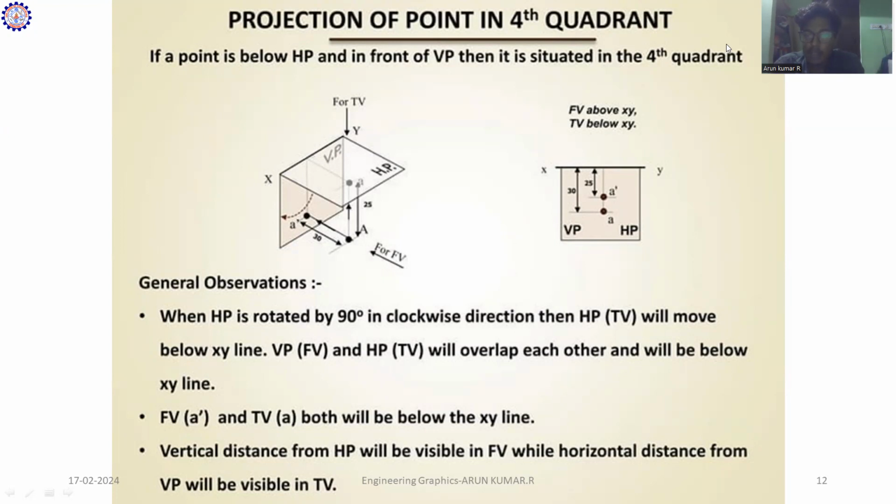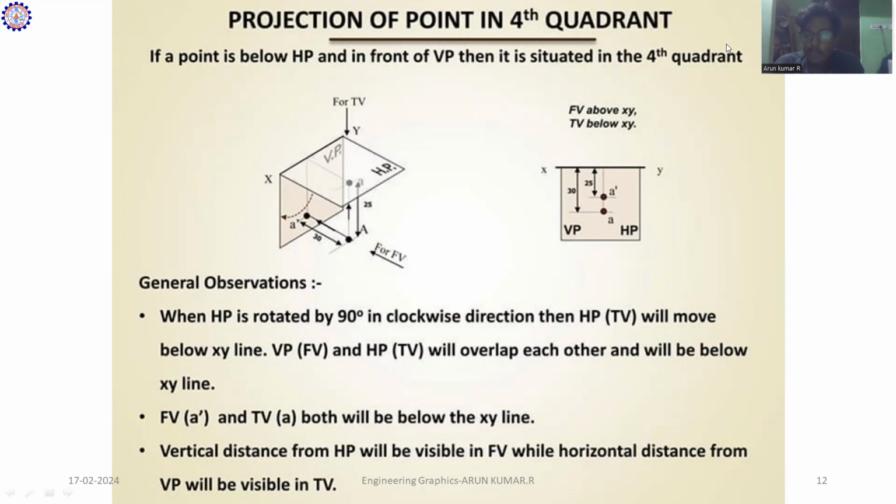That is point a dash, which is the meaning of below HP. For in front of VP, the plane is rotated 90 degrees clockwise, so we observe a below the XY line. That is represented as a, with a reference line of 30. This is the basic difference between the pictorial and the orthographic projection.